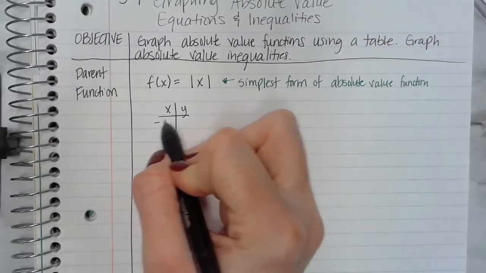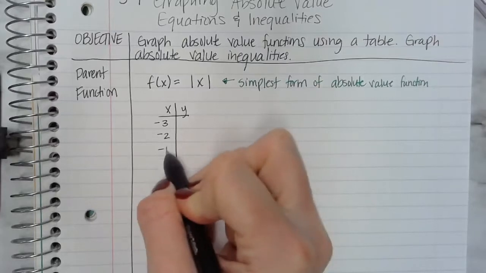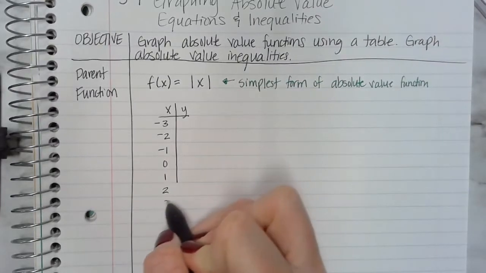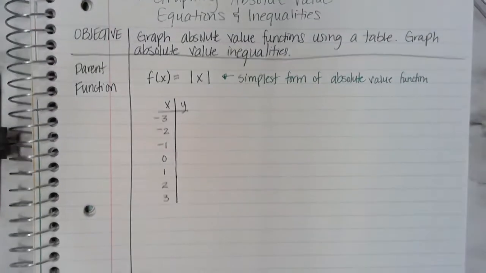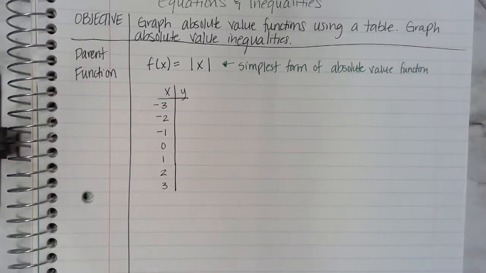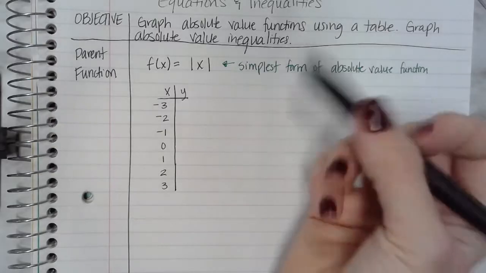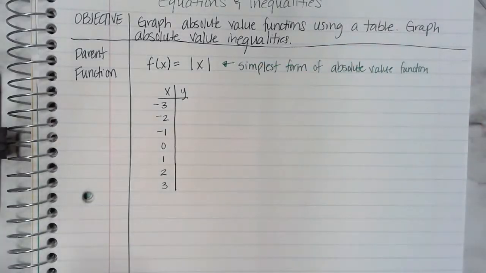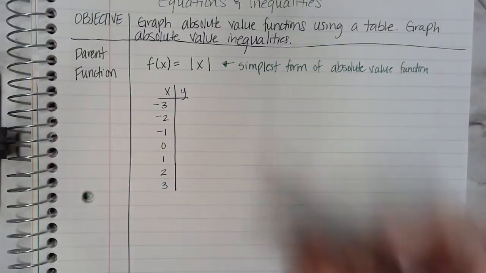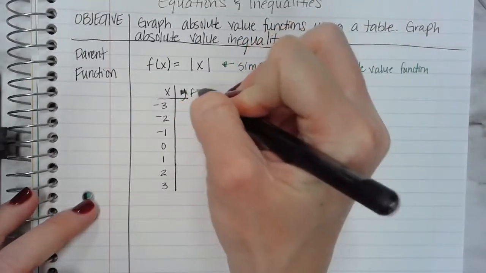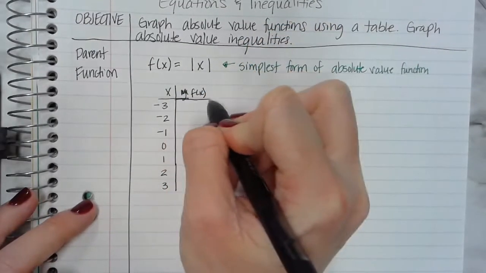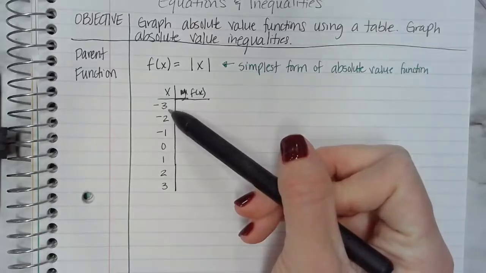And I'm going to number it -3, -2, -1, 0, 1, 2, and 3. And I'm going to evaluate the function. I'm going to plug all of my inputs into the function for x. And so actually, let's label this column f of x, which just means if I evaluate for this value for x, what do I get?